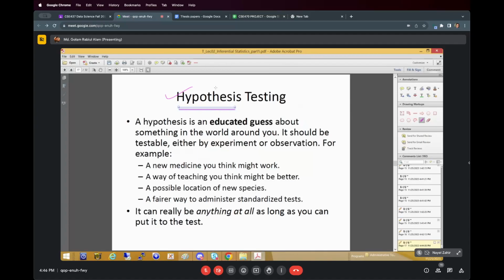Now another thing, like a way of teaching you think might be better. If you just thought it, that's your hypothesis. Maybe you can say that providing recorded lectures will increase the score of students. This is maybe a better teaching method.